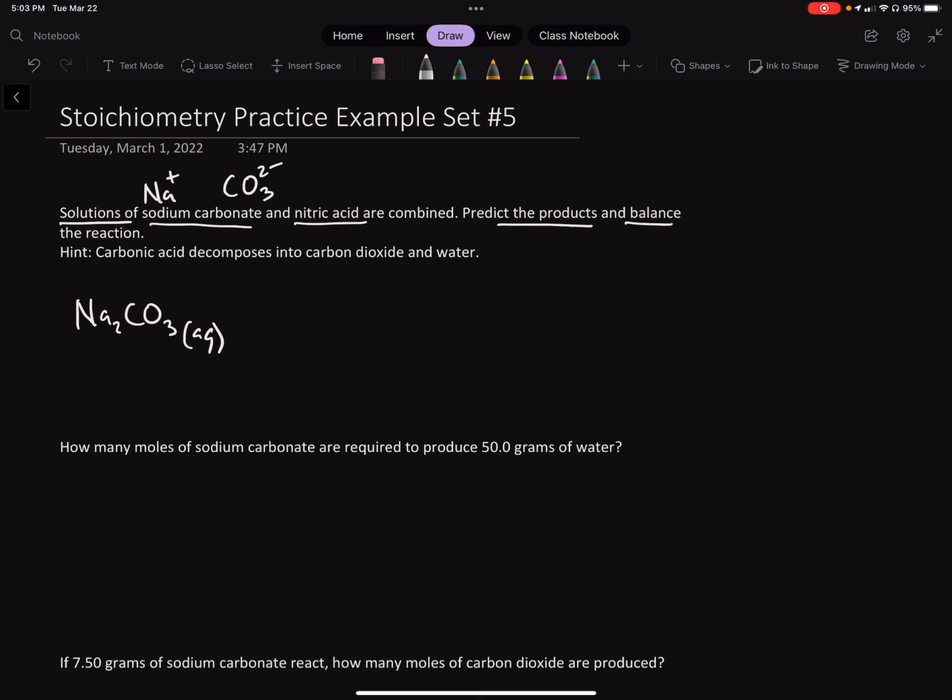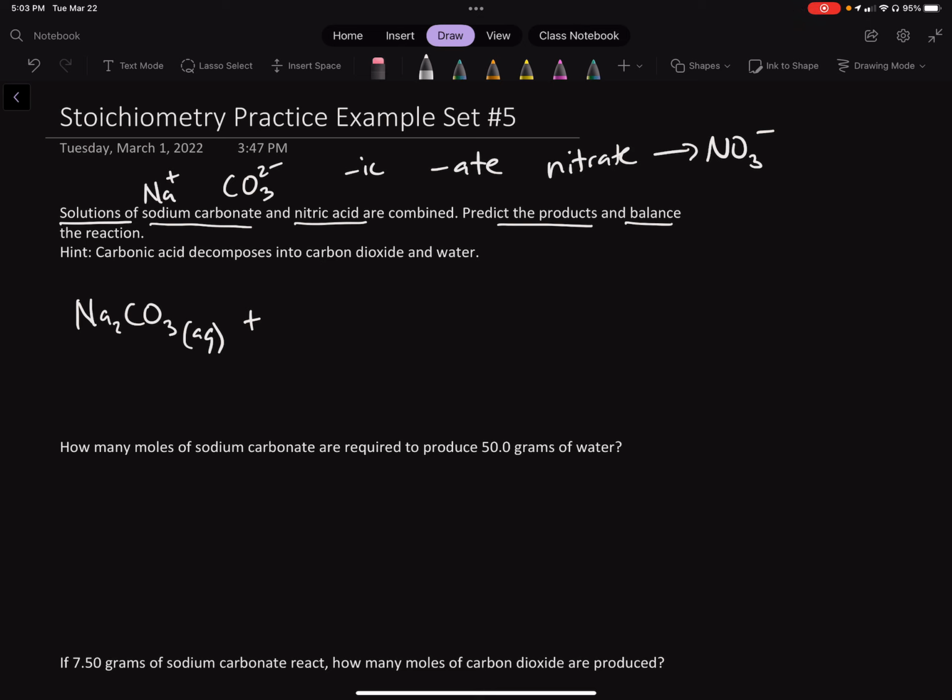And it does say that there's solution, so that means it's dissolved in water, so I'll give it a physical state of aqueous. And then nitric acid, so the acid nomenclature, ic means that the polyatomic ion that it came from ended in ate, so nitric means that it's the polyatomic ion nitrate, and nitrate is NO3 with a minus charge, so again, that's something you need to memorize.